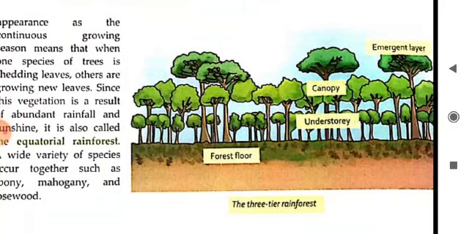The third layer receives very little sunlight and is very dark. It has young trees, shrubs, ferns, orchids. These forests are very dense and dark. A wide variety of species occurs together, like ebony, mahogany and rosewood.